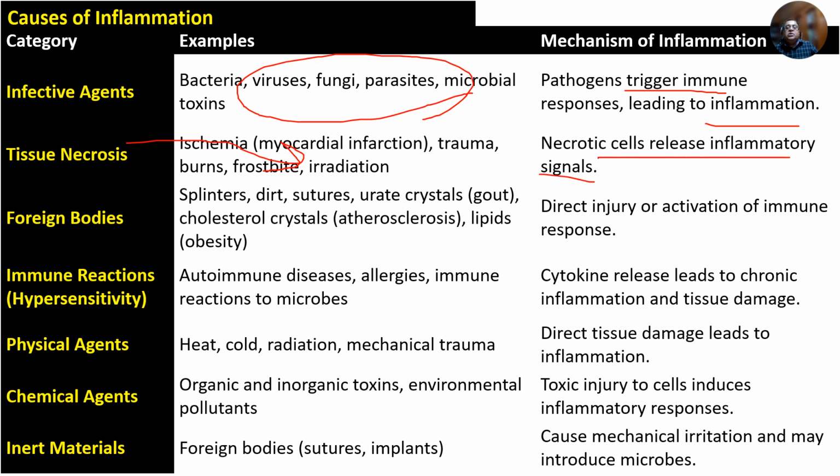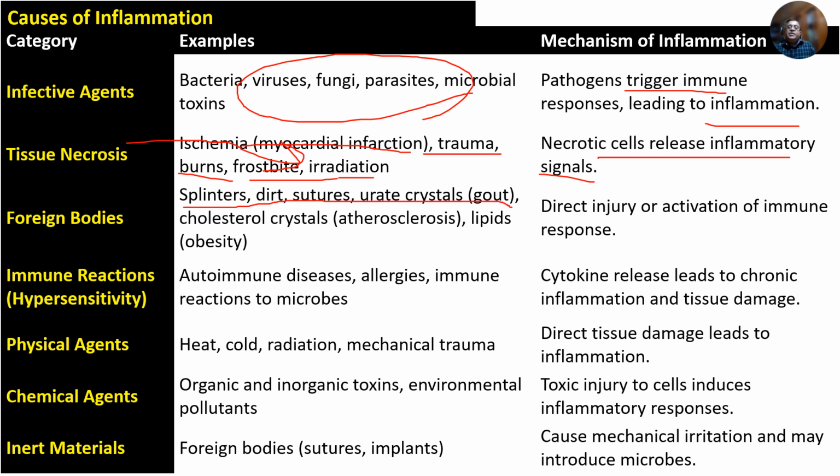This dead tissue can be due to trauma, burn, frostbite, irradiation, or as a result of some infarction such as myocardial infarction. If there is presence of foreign body within the tissue, this will result in direct injury or activation of immune response. This foreign body can be splinters, dirt, suture, urate crystals.